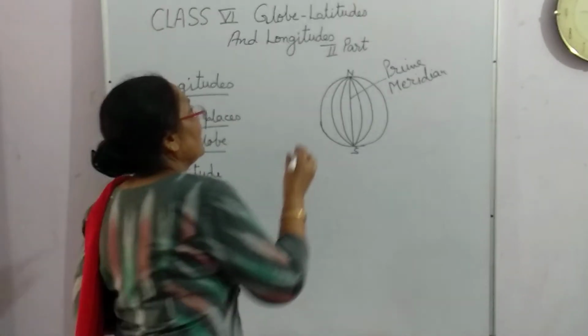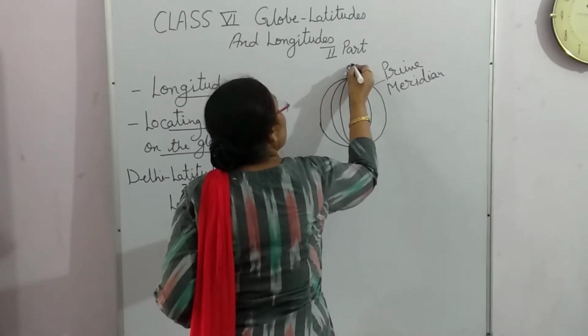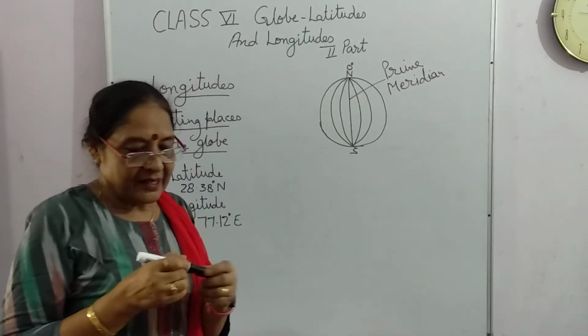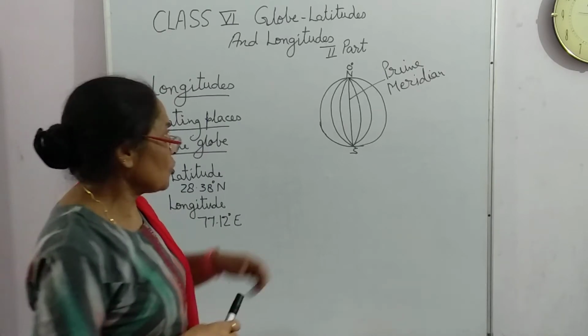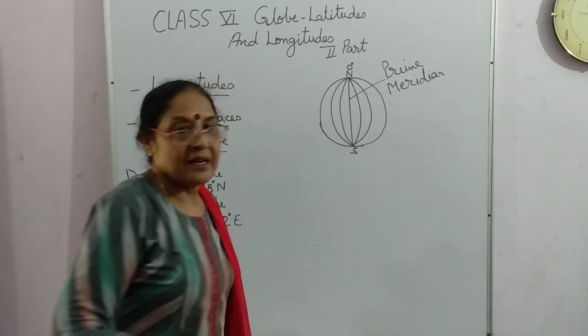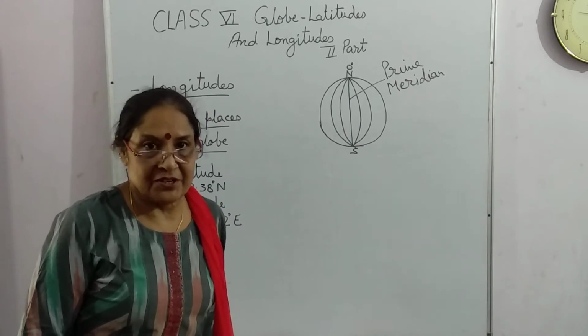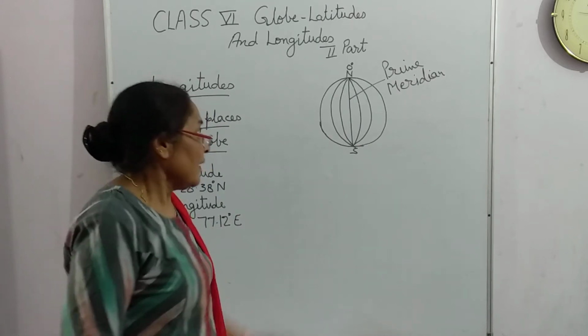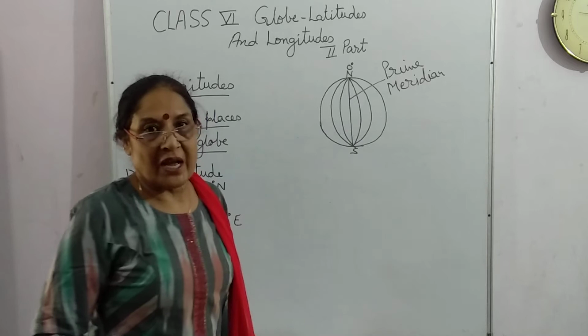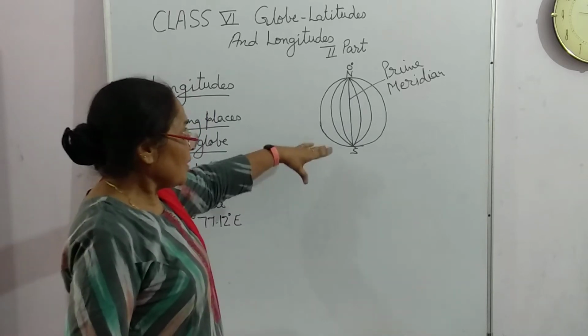The prime meridian is measured as 0 degree. It passes through Greenwich, near the Royal Observatory in London. This is considered the prime meridian. Now look at the board.